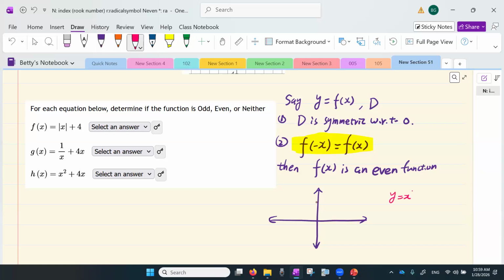y equals x squared. This is a square function. If you flip this function over the y-axis, do you have the same thing?